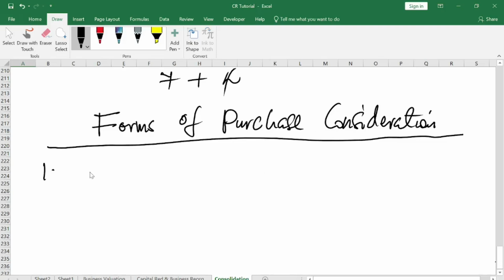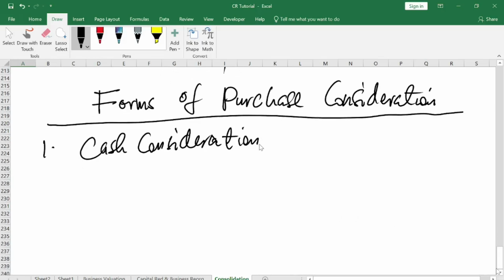First form is cash consideration. So this one is simple. All you have to do is bring in the cash, present the cash, and then take over the assets of the company.